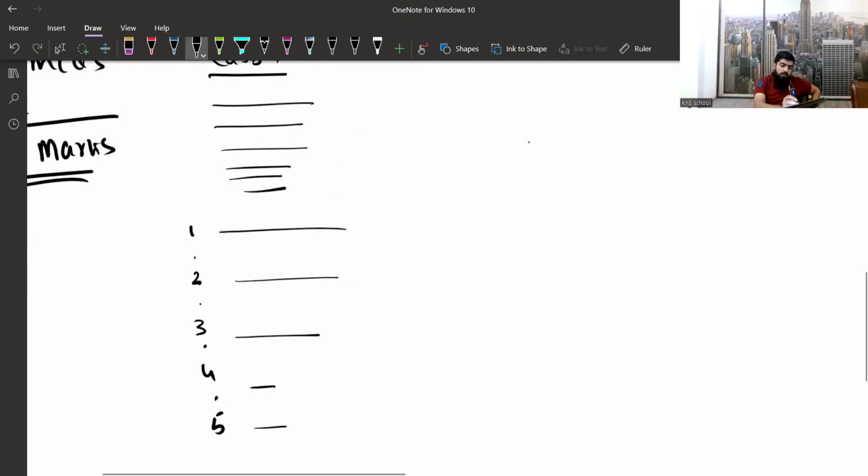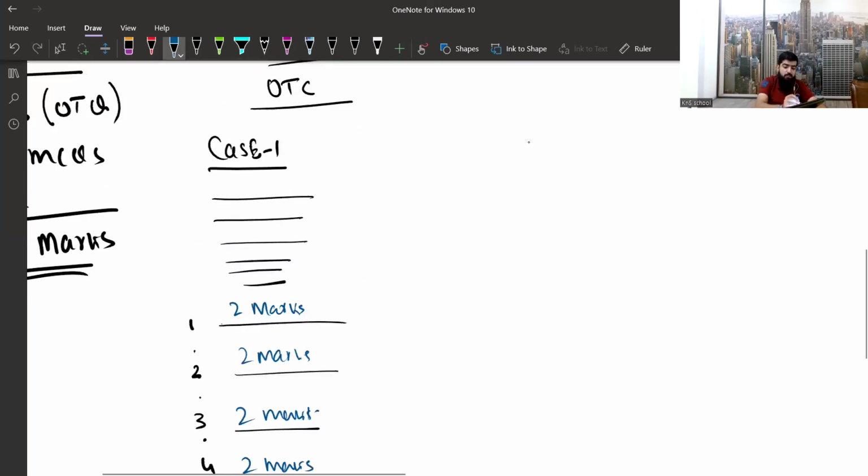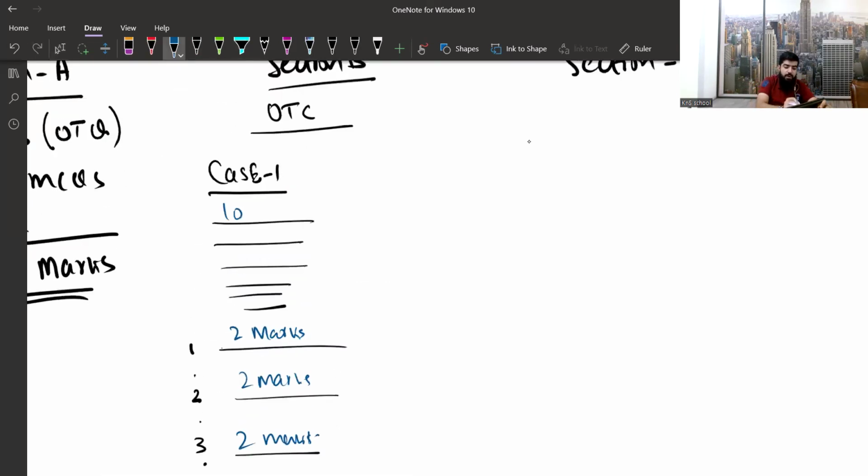Each question will carry 2 marks, which means that the total marks of case 1 would be 10 marks. Definitely 5 questions will be tested, and if each question carries 2 marks, the aggregate weightage of case 1 would be 10 marks.